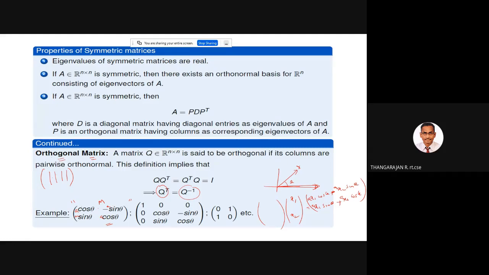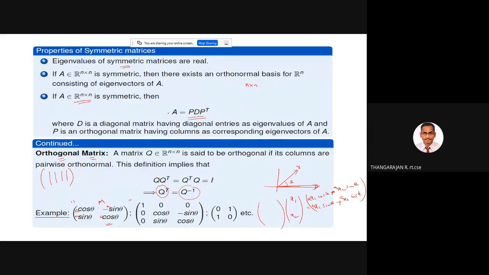And a symmetric matrix is one which has n cross n, an equal number of rows and columns. If you have a symmetric matrix and the entries are real, then any symmetric matrix can be decomposed or factorized into three matrices like this.